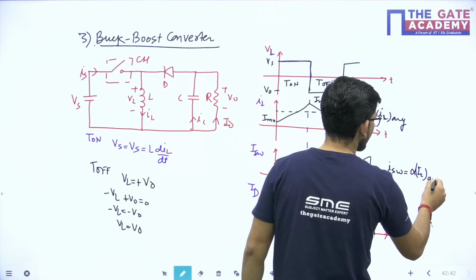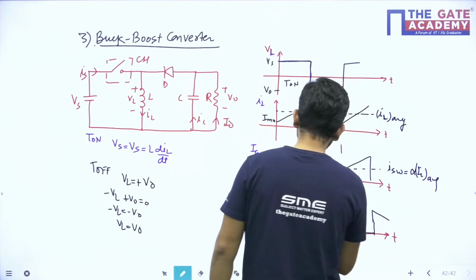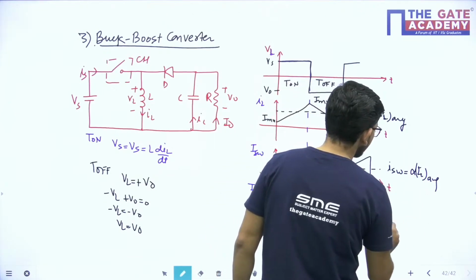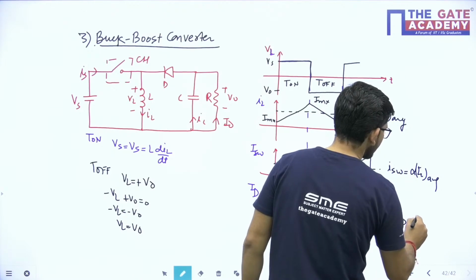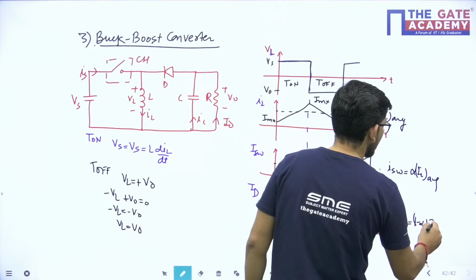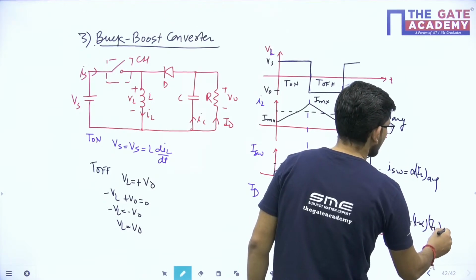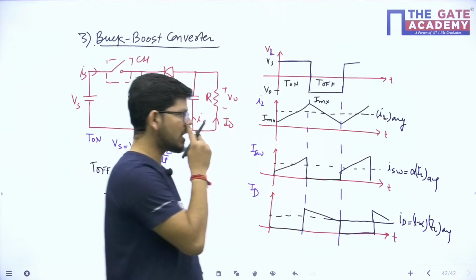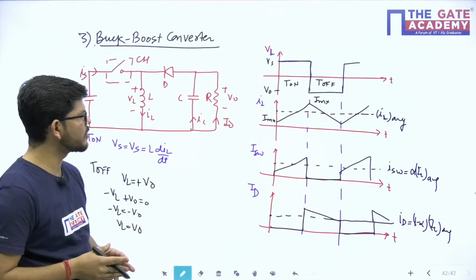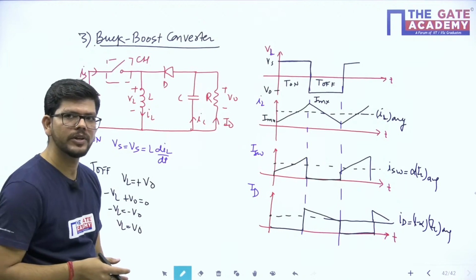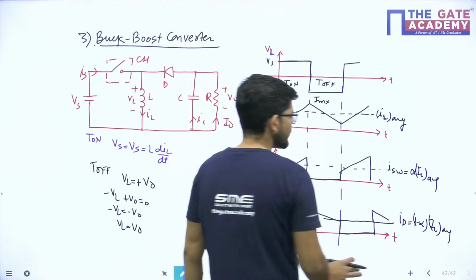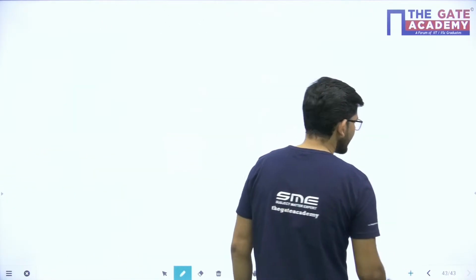And the average of my diode current will be 1 minus alpha times IL average. So this is how I will calculate the switch current average value and the diode current average value. These are the waveforms that we will obtain in the case of the buck boost converter.